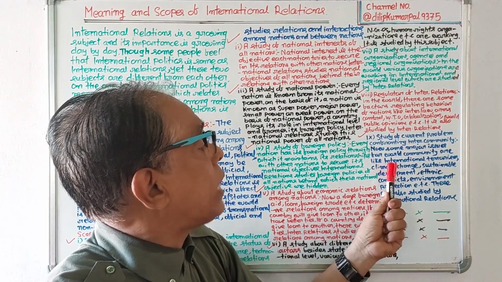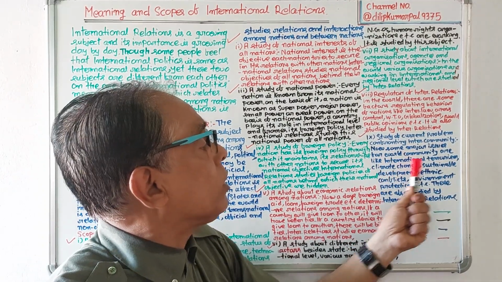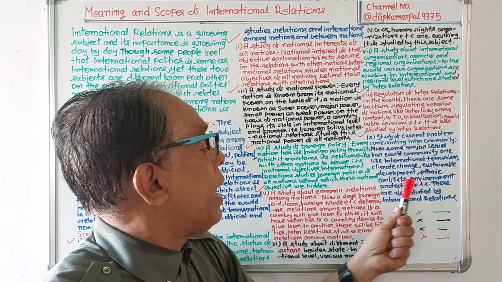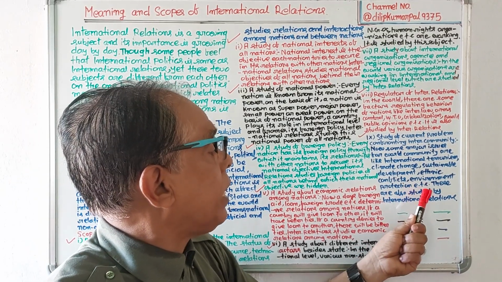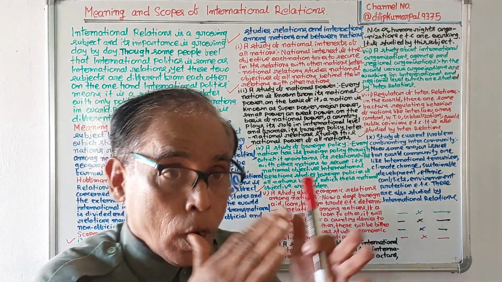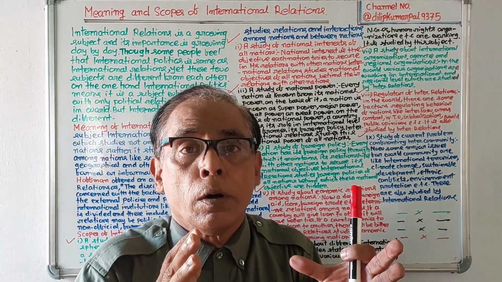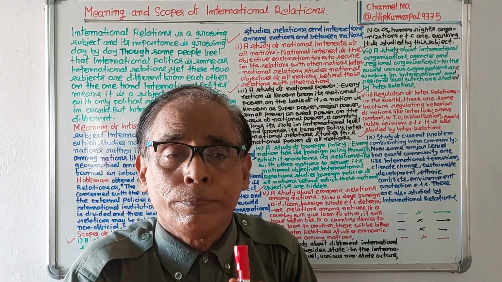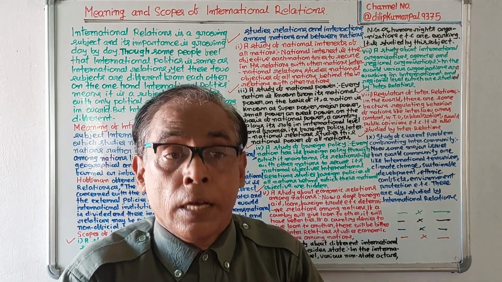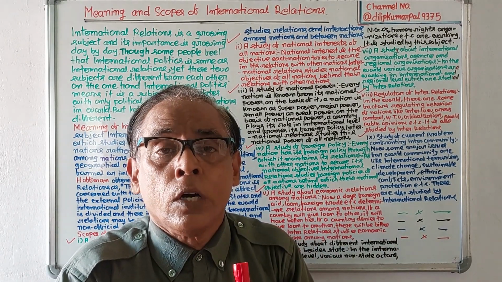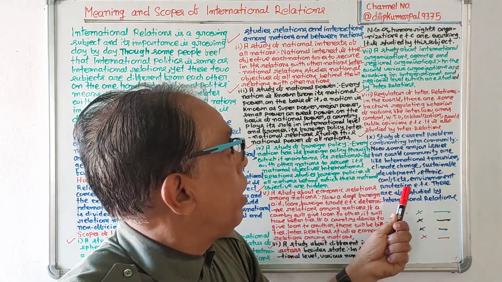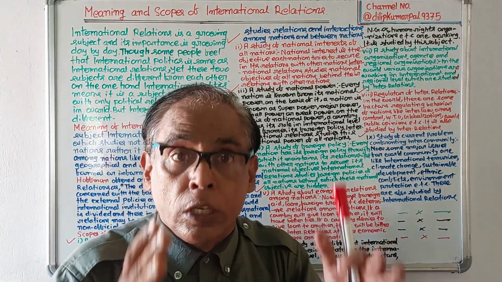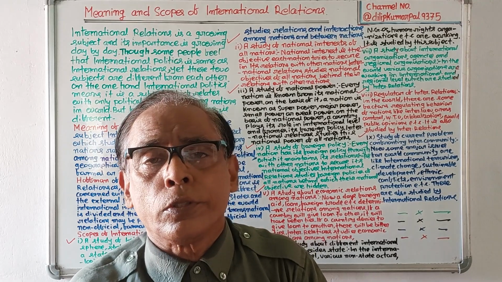Now some major issues for the world community are international terrorism, climate change, sustainable development, ethnic conflict, environmental protection, etc. In the world, there are some problems which the international community is facing, like international terrorism, climate change, environmental pollution, malnutrition, ethnic conflict, sustainable development. These are also studied by international relations.